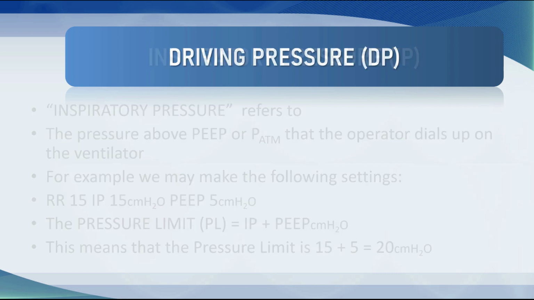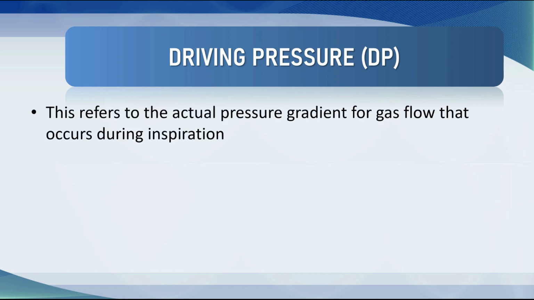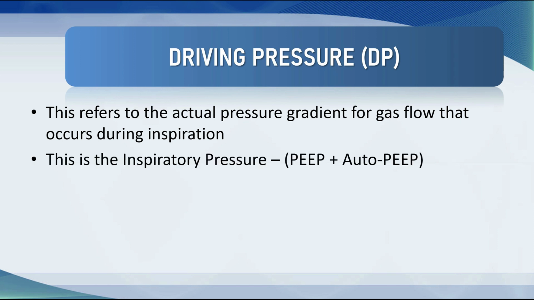The driving pressure, though, is slightly different. This refers to the actual pressure gradient for gas flow that occurs during inspiration. For controlled mechanical ventilation, for pressure control, this is the inspiratory pressure minus PEEP plus Auto-PEEP.